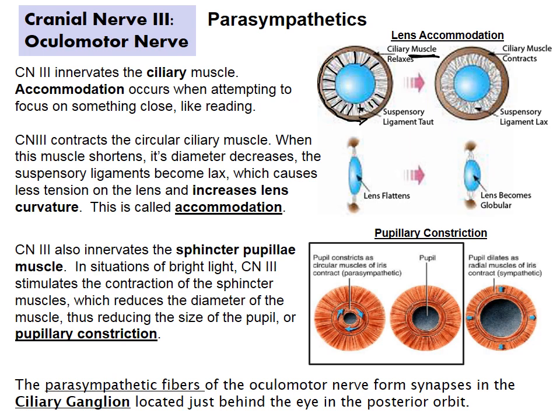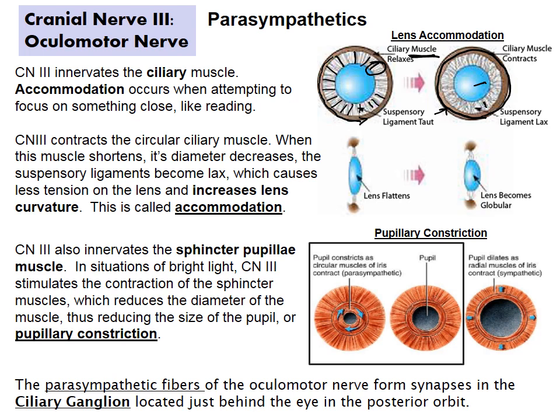So as you might imagine, when the ciliary muscle relaxes, its circumference gets smaller. When the circumference gets smaller, the suspensory ligaments become lax. So we see that over here. So the circumference of the ciliary muscle is smaller. The suspensory ligaments relax, which allows the lens to bulge.